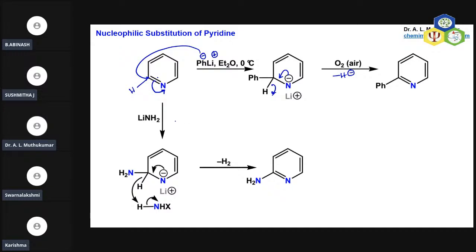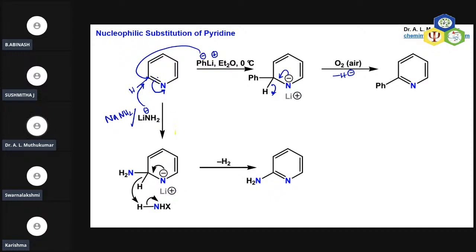This is a well-known example. You can use lithium amide, or you can also use sodamide. In this case, the NH2 minus will be attacking at C2 position of the pyridine ring, and as a result, this pi electron will be moving towards nitrogen atom, leading to the formation of this anion.